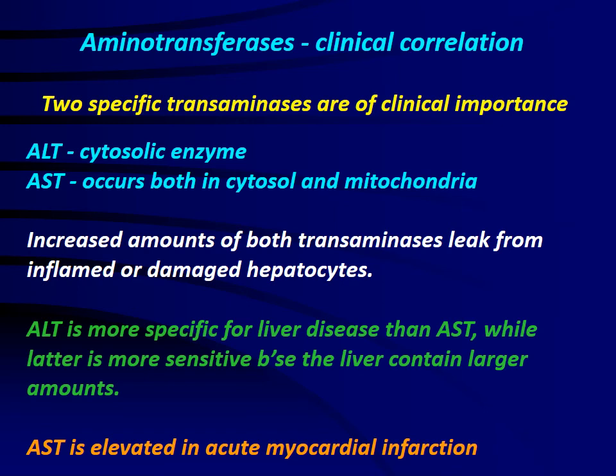Increased amounts of both transaminases leak from inflamed or damaged hepatocytes. Alanine aminotransferase is more specific for liver disease than aspartate aminotransferase, while the latter is more sensitive because the liver contains larger amounts. Aspartate aminotransferase is elevated in acute myocardial infarction.